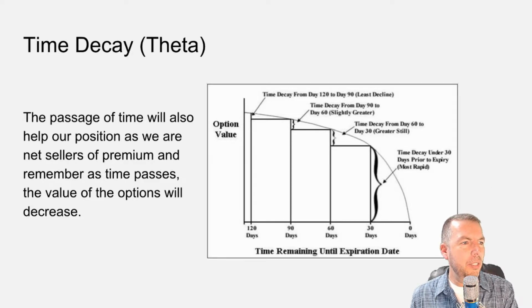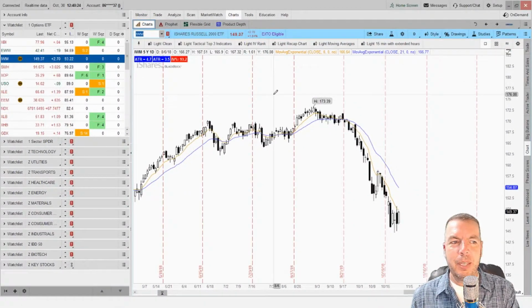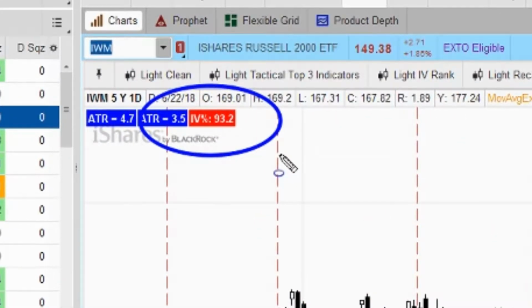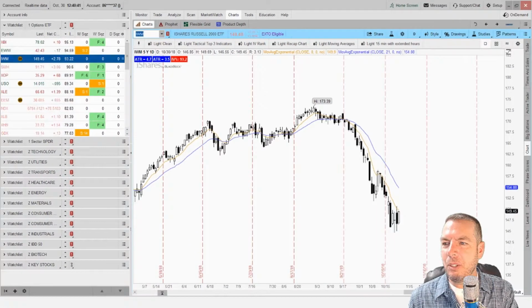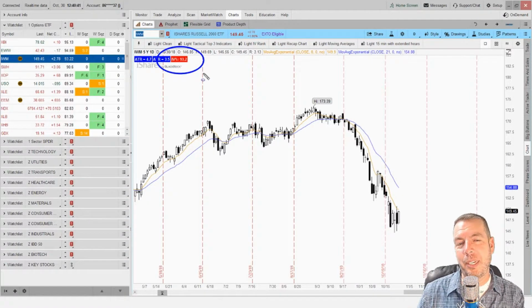Now let me show you what I'm talking about as we pull up the thinkorswim trading platform. A couple of things to remember when we're looking at a trade: we want high implied volatility. You can see I've got IWM pulled up here, and the implied volatility has really skyrocketed. We're at 93.2. What does that mean? It means that 93.2% of the time implied volatility has been lower than it is right now.